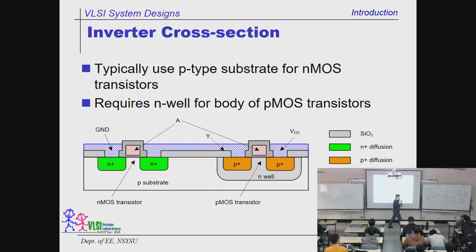This one is an inverter, over here. Because this is too complicated, we're going to erase it. We're going to talk about this part. Only the inverter is discussed in these sections.